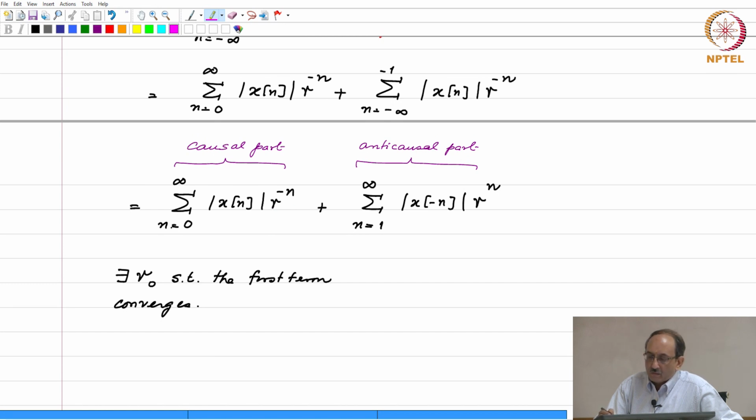And the theorem that is used to establish this is, intuitively you see that this is true, but the precise theorem that is used is the comparison test. So, series comparison test is used to establish the result.